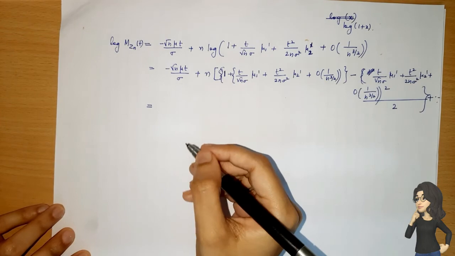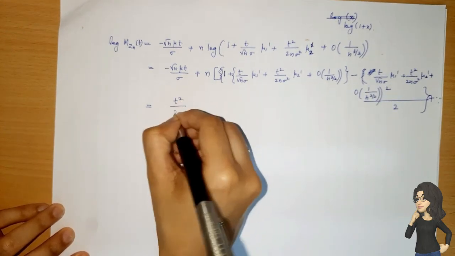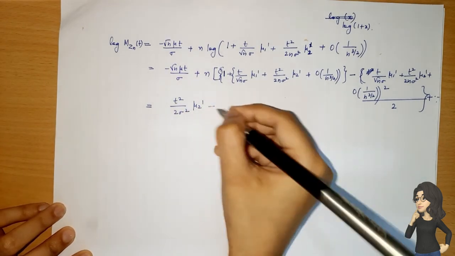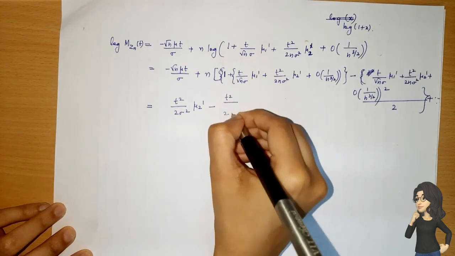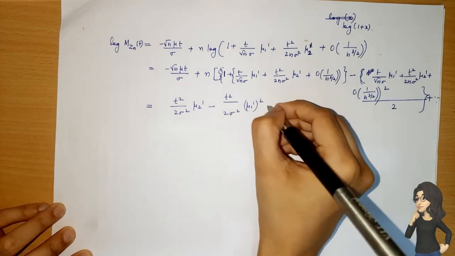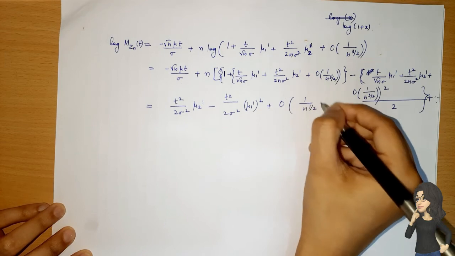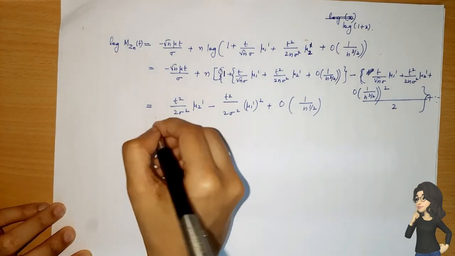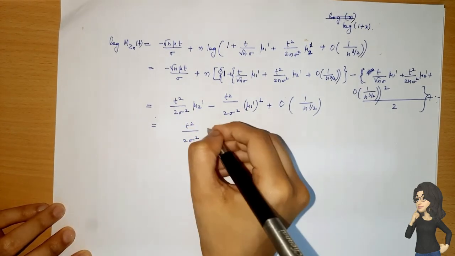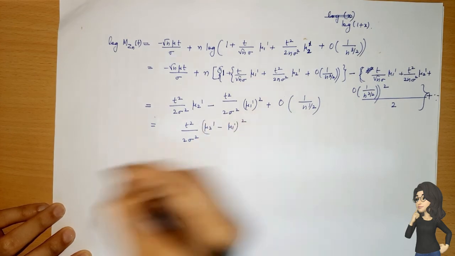So what we will get is t square by 2 sigma square mu 2 dash minus t square by 2 sigma square mu 1 dash the whole square plus O of 1 by n raised to 1 by 2, which is equal to t square by 2 sigma square times mu 2 dash minus mu 1 dash the whole square.